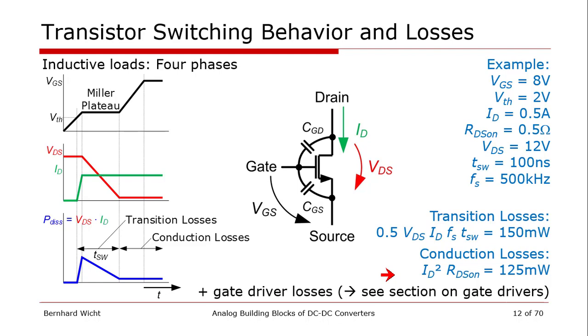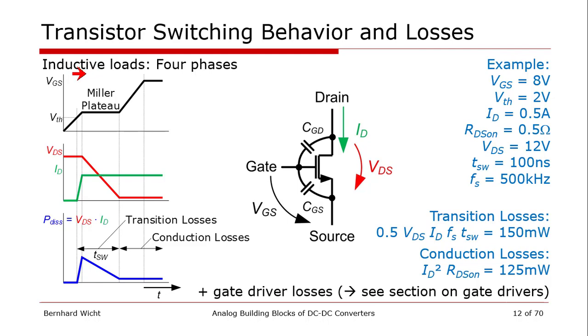But let's first review a little bit the switching behavior of transistors. On the left here, I have the most important transient waveforms for the turn-on phase. It will be quite similar for the turn-off, that's why I've left it out. And we assume switching of an inductive load.